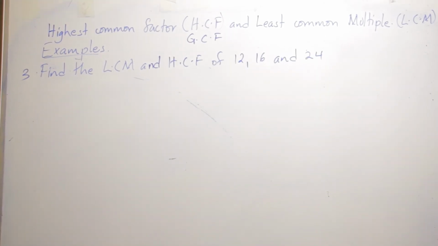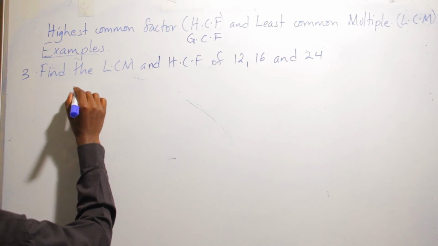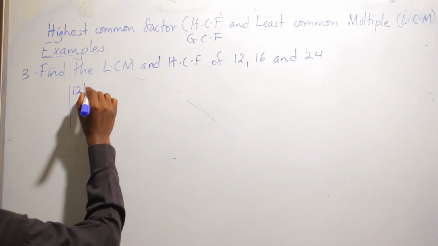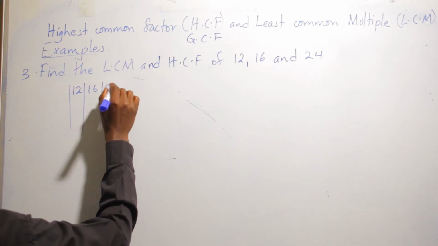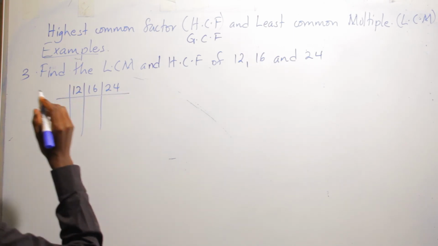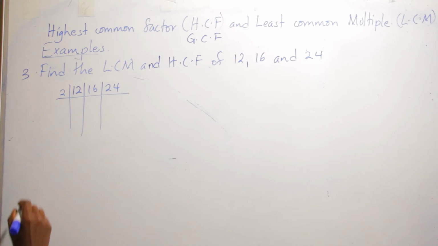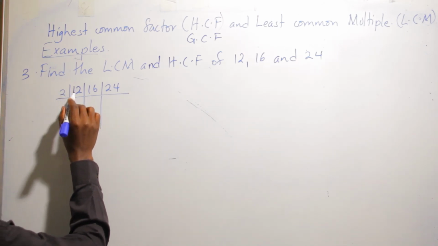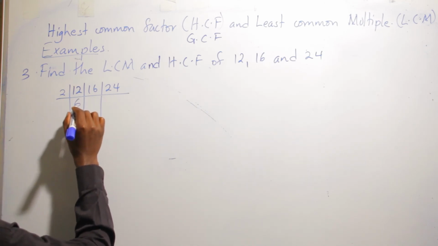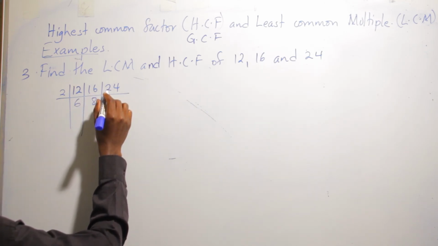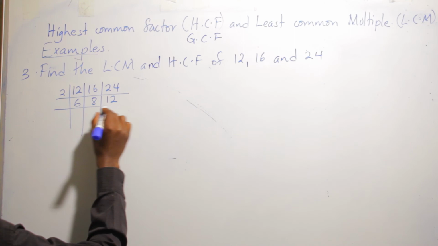So example 3, find the LCM and the HCF of 12, 16 and 24. I'm going to use the ladder method. Finding the LCM, I get a number that can divide any of the 3. So 12 divided by 2 is 6, 8, and then 12.